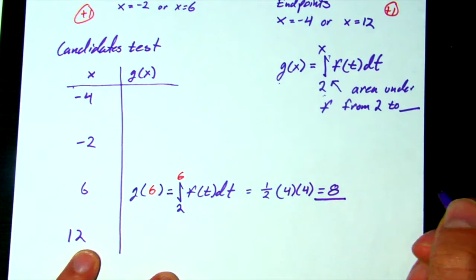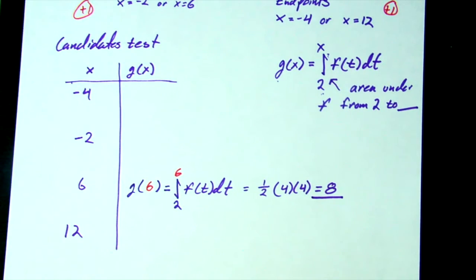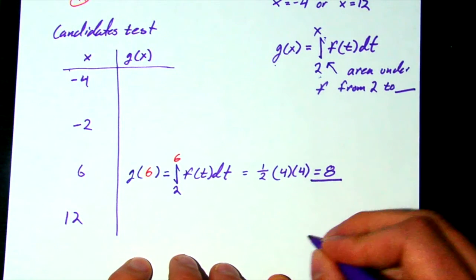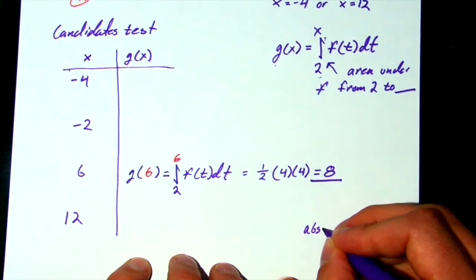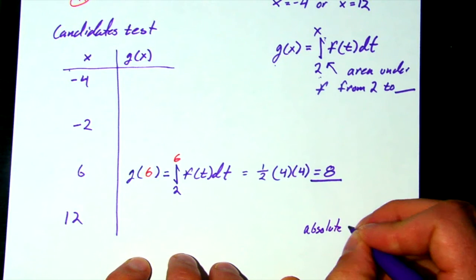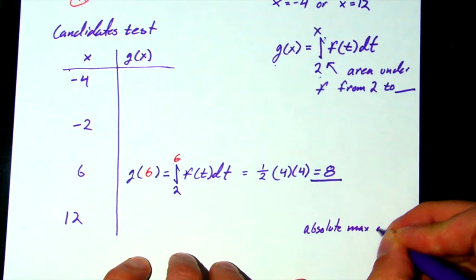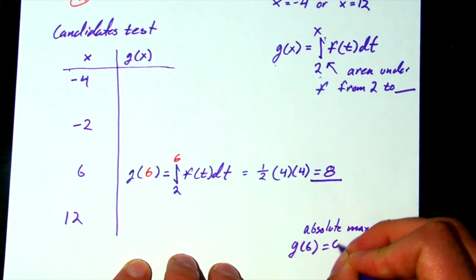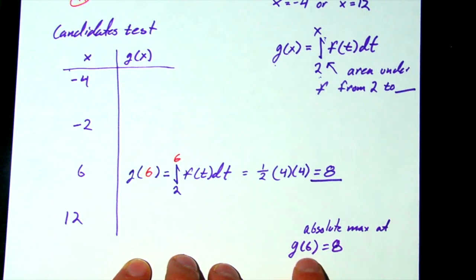That also happens to be the absolute max. So to get the third point, I would say, oh, absolute max at g of 6 equals 8. Some people were able to figure out that it happened at 6, but weren't able to get to 8, and you lost that point.